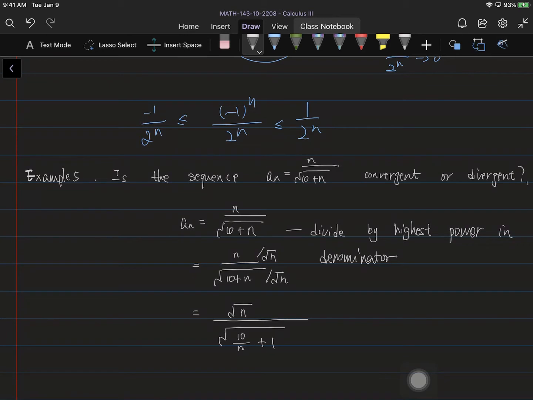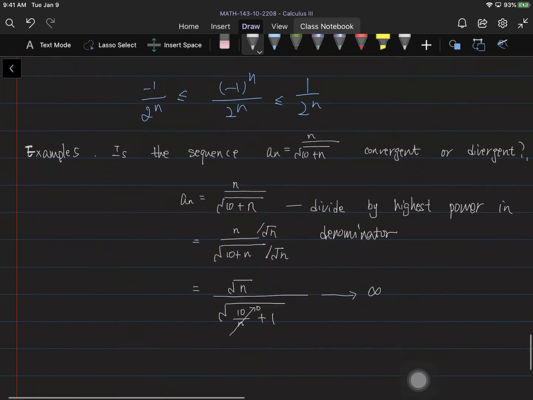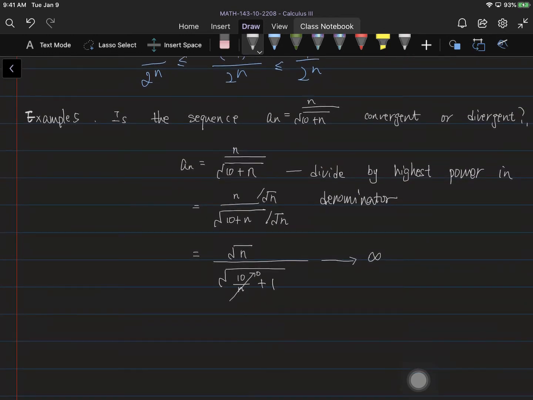Now let's take a look at the denominator. In the denominator, 10 over n goes to 0 when n goes to infinity. The limit is 0, right? But for the top, we still have square root n left. So an goes to infinity. In this case, our limit of an when n goes to infinity is infinity.